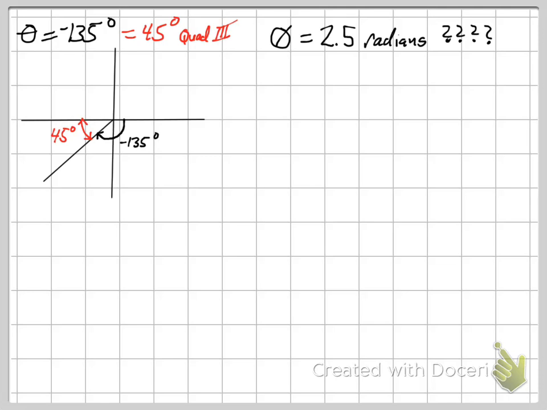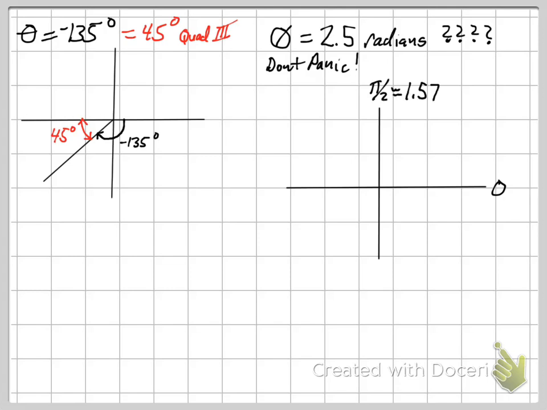What about this guy? 2.5 radians. Don't have any pi. I'm all confused and I want to cry. Okay, well, remember, pi is just 3.14, so we're not going to panic. I know that pi over 2 over here at 90 degrees is 1.57, and pi over there at 180 degrees is 3.14. So 2.5 is going to lie somewhere in between those two.